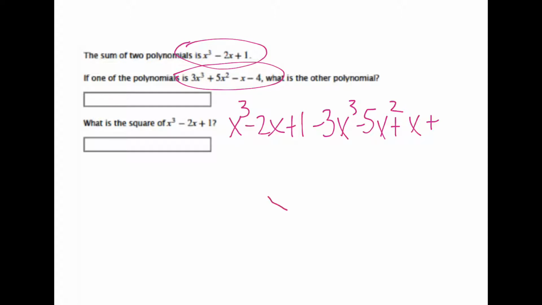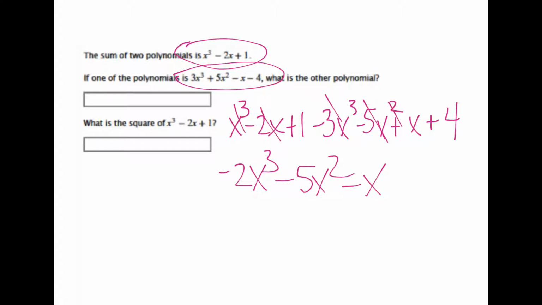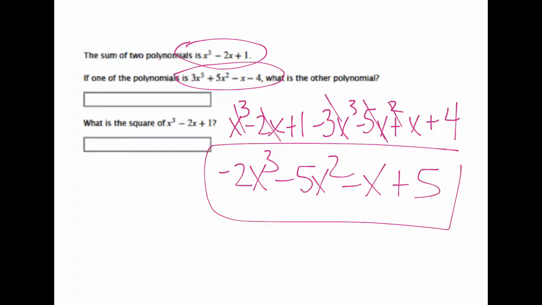Hopefully y'all understand that I am changing my signs because it's minus. So then I get negative 2x cubed plus 5x squared minus x minus 3 for that part. Okay, so that's the answer to the first one.